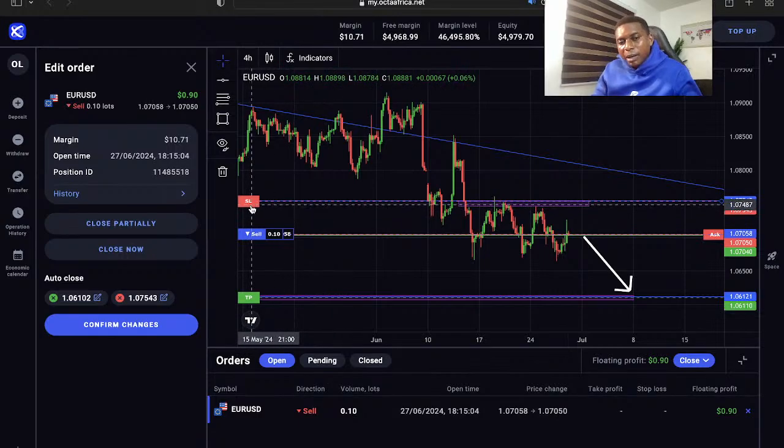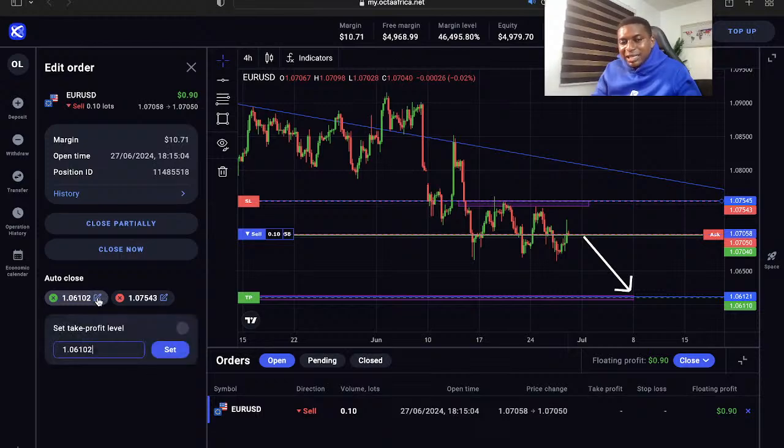if I'm not dragging my stop loss up here, I can always come here and click on the edit icon. When I click on the edit icon, it gives me the opportunity to manually input my take profit level. So if my take profit level is this level now, I will manually input it at 1.06102.